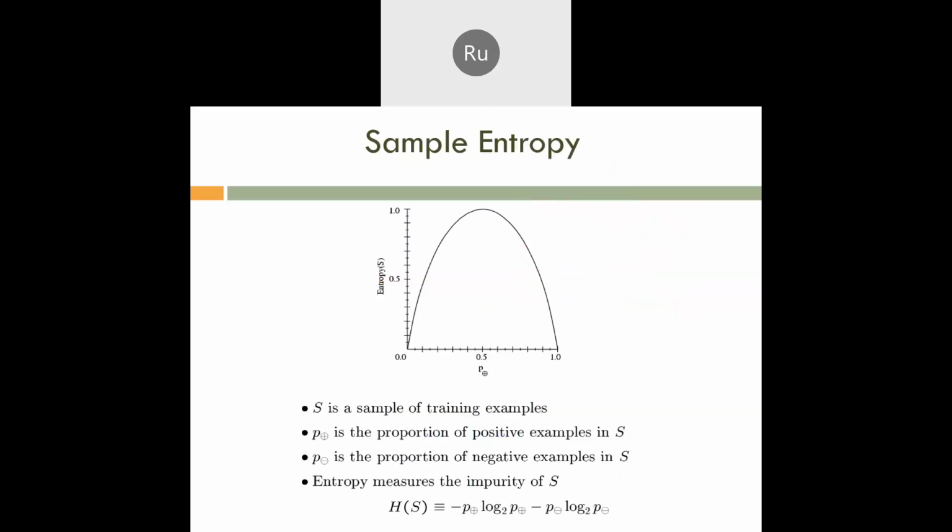When we talk about the entropy or the purity of a particular group, for example, if we have one group here with plus and minus, it means two members belong to positive and two belong to negative.